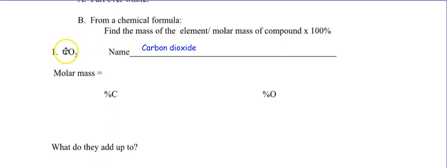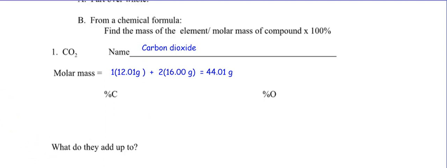I have 1 carbon, and what's the molar mass of 1 carbon? Look it up on your periodic table. Yeah, it's 12.01. And now I have 2 oxygens. What's the molar mass of oxygen? It's 16.00, and I'm going to add them together, and this is what I got. My molar mass of carbon dioxide is 44.01.